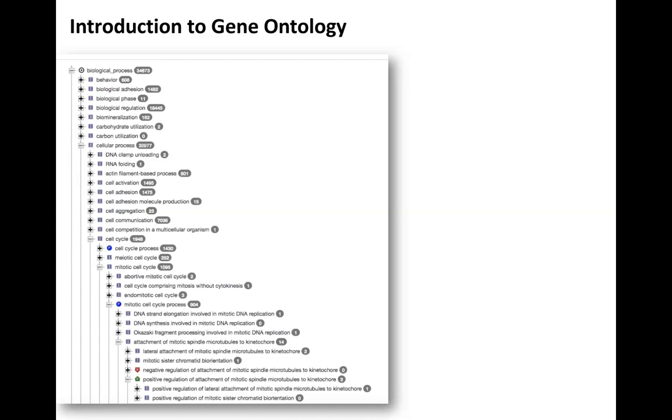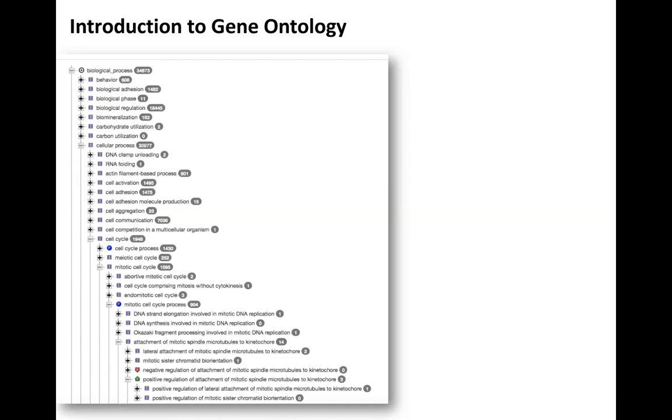And under cell cycle, there is a phrase called mitotic cell cycle. Behind each phrase, there is a number. That number indicates how many genes or gene products have been annotated with this phrase.